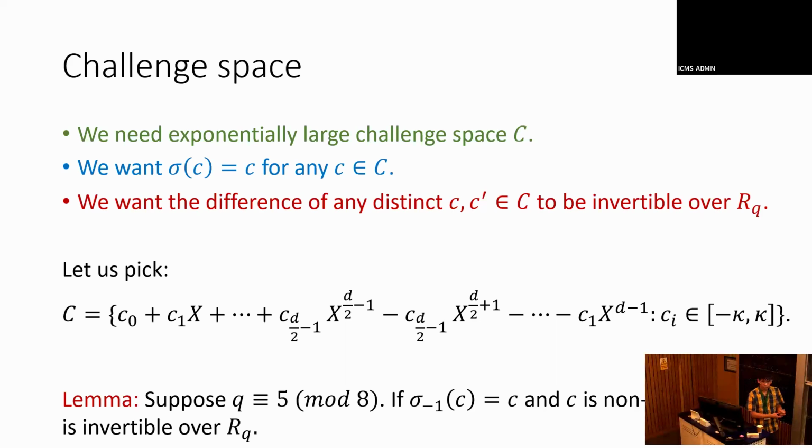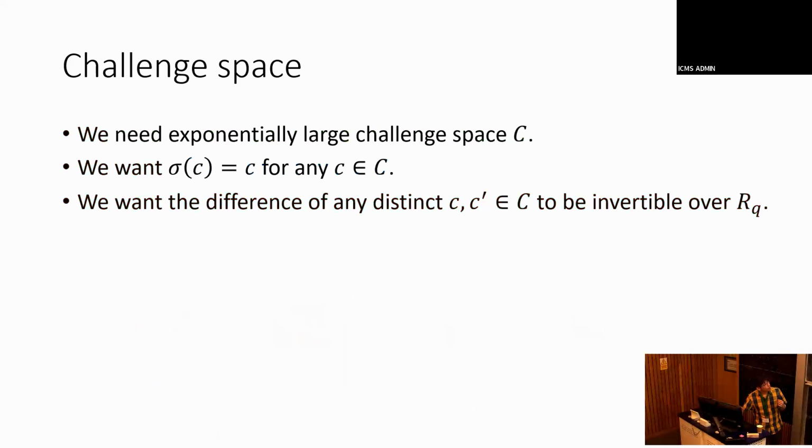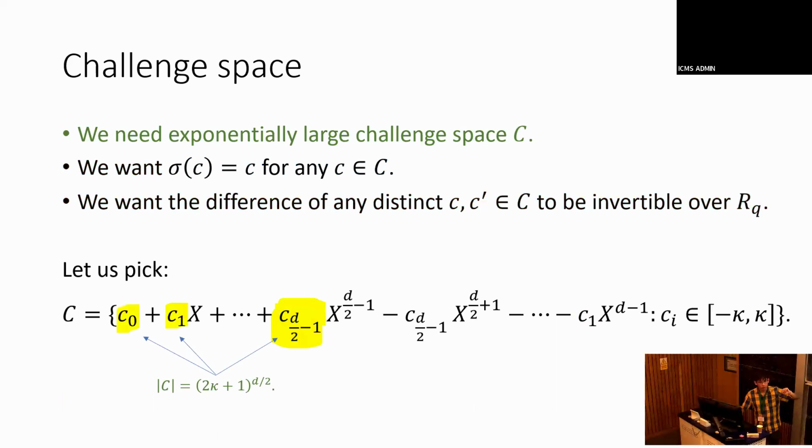The kappa, the fact that we choose it small, is only for completeness: when I multiply this challenge by something, it doesn't blow up the norm. You want these to be short, but big enough so that the challenge space is exponential.